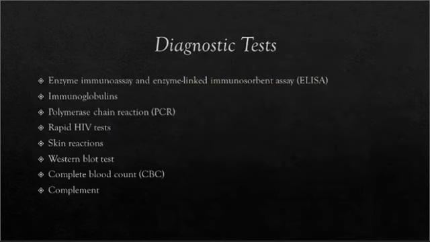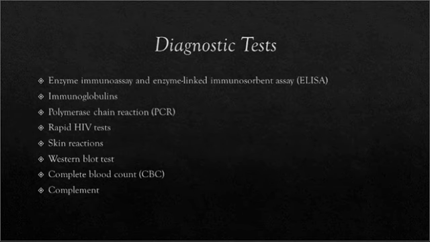Diagnostic tests. There's lots of tests to check for immune responses. I just wrote them here for you to be familiar. Your ELISA test detects and measures antibodies in your blood, looking at your IgG, IgA, IgM for your immune response. Rapid HIV tests. PCR is your polymerase chain reaction, checking for specific DNAs.